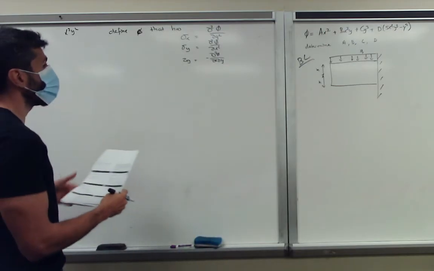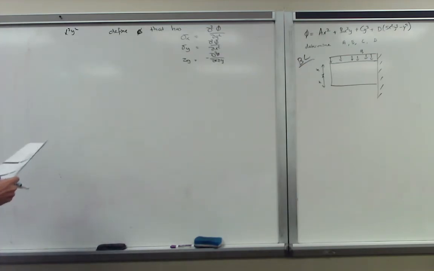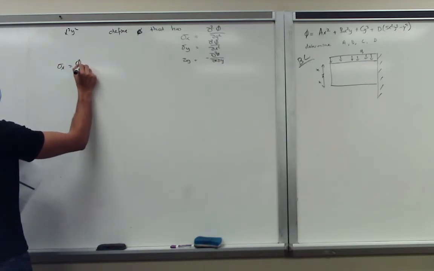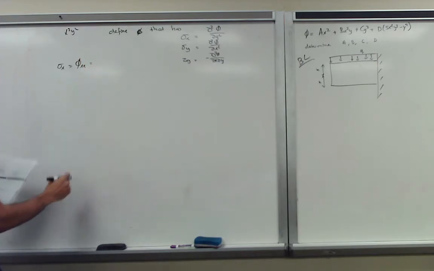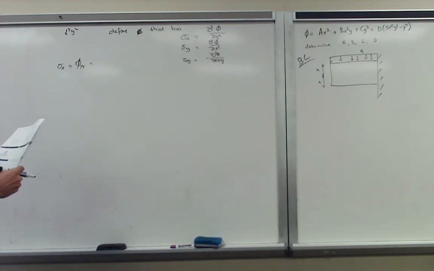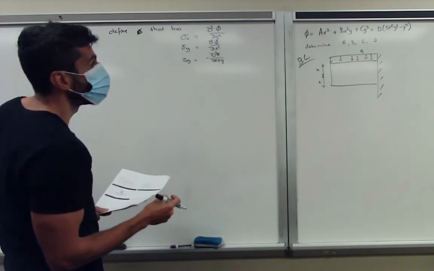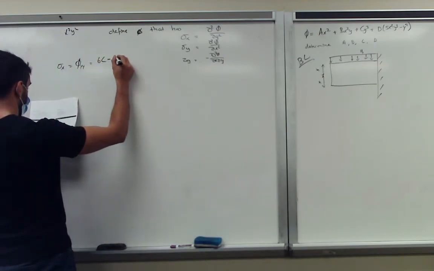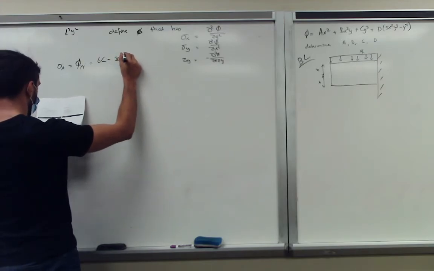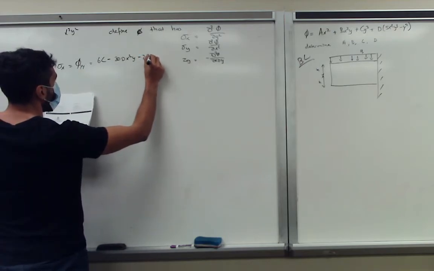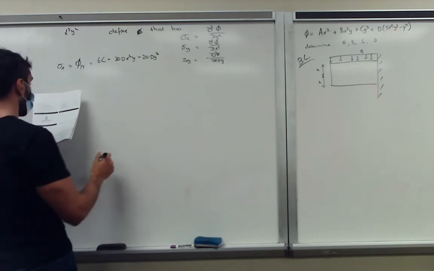But let's start again by defining our stresses: sigma x, sigma y, and tau xy. So sigma x is the second derivative of phi with respect to y, and that gives us 60 c y minus 30 d x squared y minus 20 d y to the power 3.